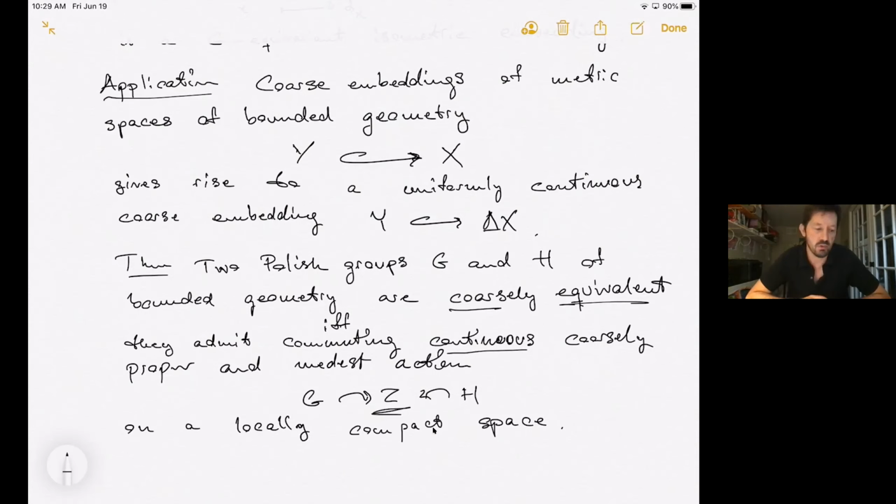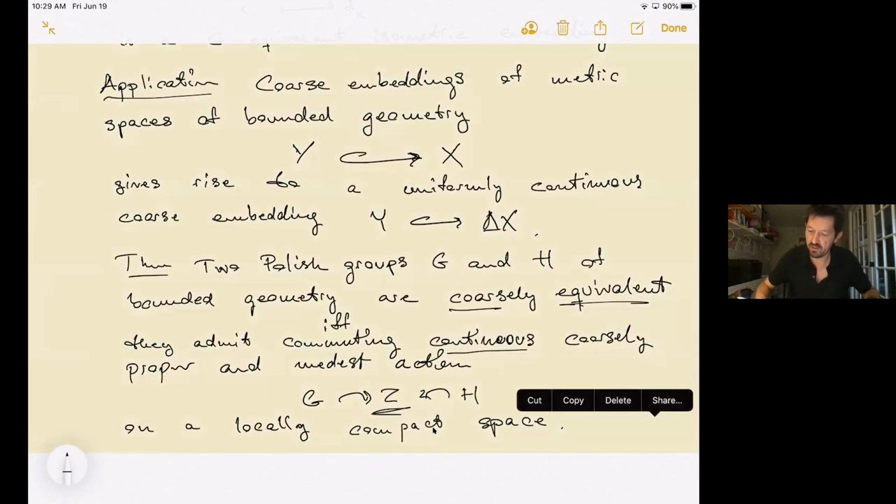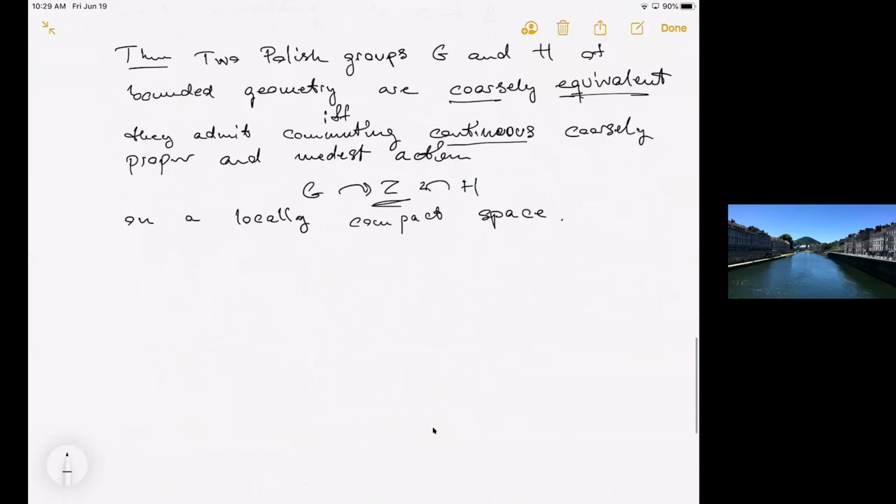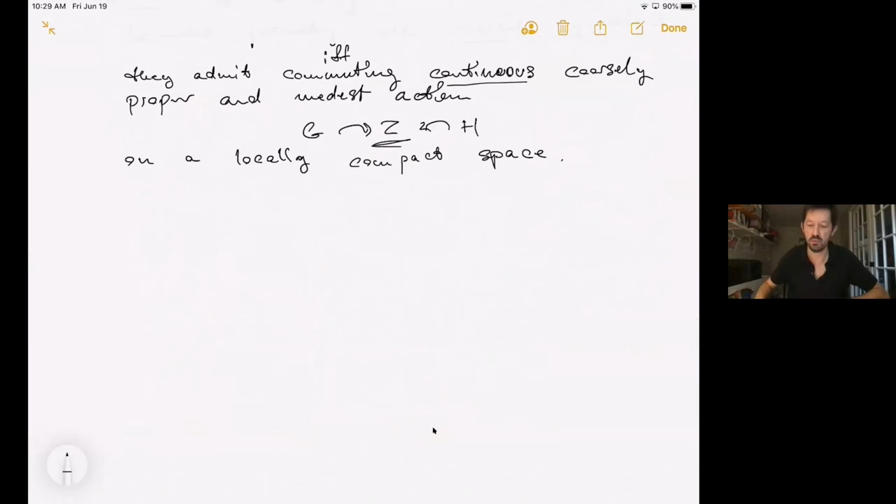So this is one instance where this delta of X comes up. But I want to focus on another example, where I can give a bit more details of a proof.